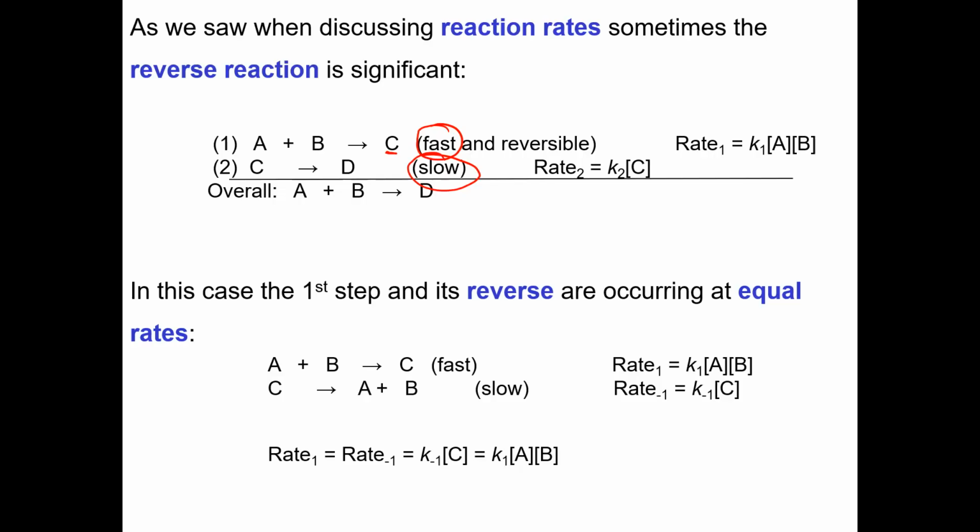Eventually, we'll obtain a scenario where the forward and reverse reaction for step 1 are occurring at equal rates. And we saw this when we were figuring out rate laws for a mechanism where the first step is fast and then one of the subsequent steps is slow.